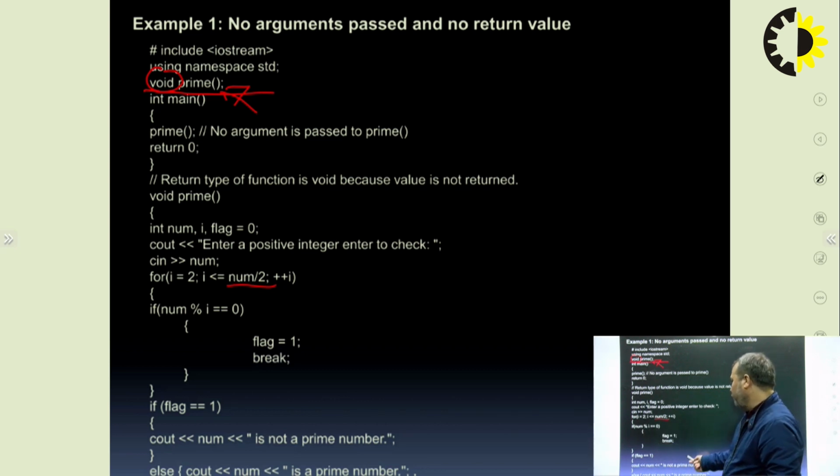If it is not so, then this condition will not be satisfied, so it is going to be prime. Okay, I'm not focusing on how to check whether a number is prime or not; this is a very simple thing. I am just showing a function prime which has no return type and no argument, like this one.